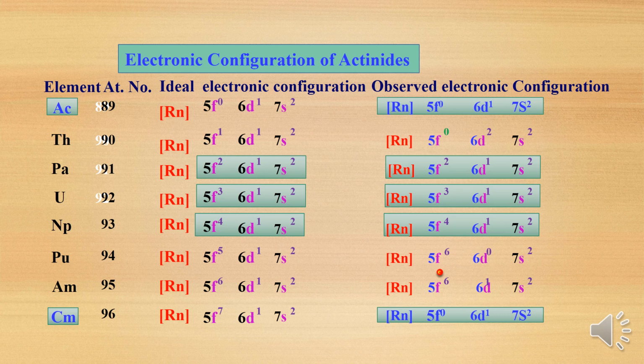So in the case of atomic number 95 also, the 6d1 electron shifts to 5f. Protactinium, uranium and neptunium also possess one electron in 6d.